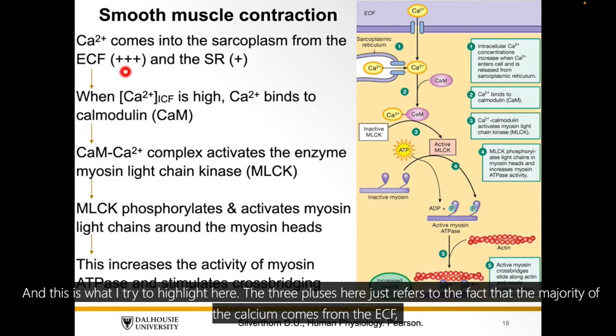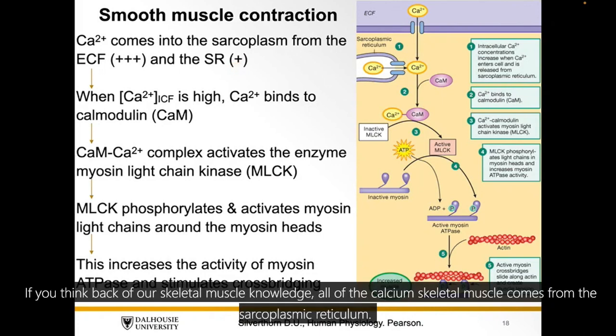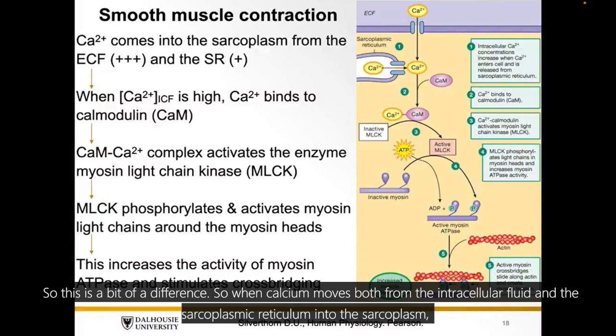This is what I tried to highlight here. The 3 pluses here just refer to the fact that the majority of the calcium comes from the ECF, and there's just a bit of calcium that comes from the sarcoplasmic reticulum. If you think back to our skeletal muscle knowledge, all of the calcium in skeletal muscle comes from the sarcoplasmic reticulum. So this is a bit of a difference.